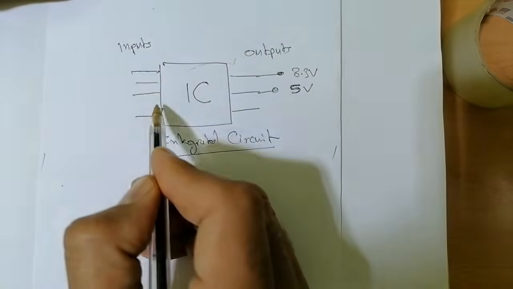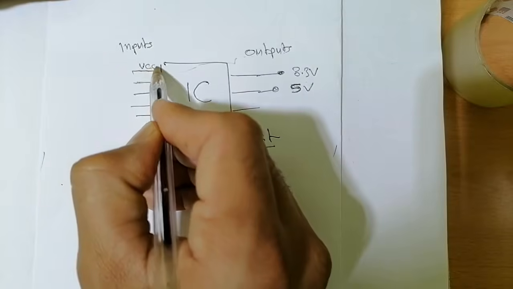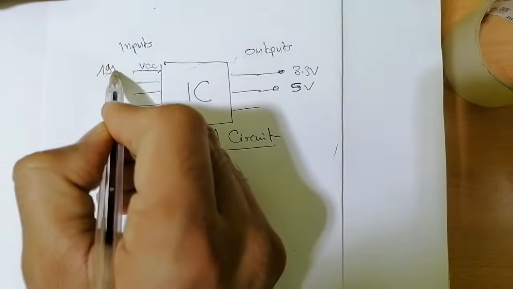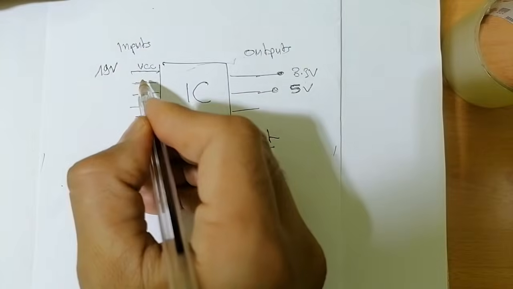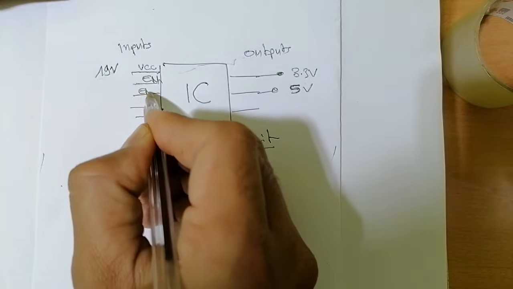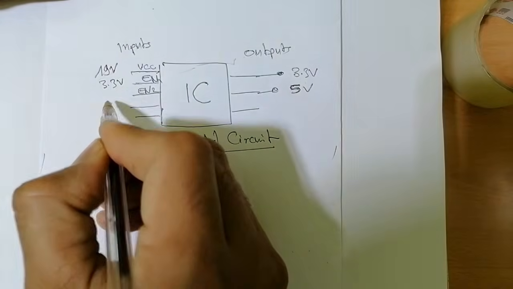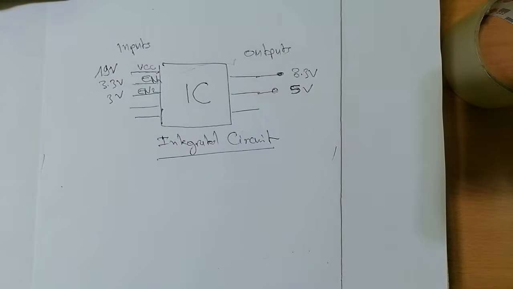But for inputs, as you can see here, it needs the VCC, 19 volts for example. It needs also some enable signals, enable 1, enable 2, about 3.3 volts, 3 volts.